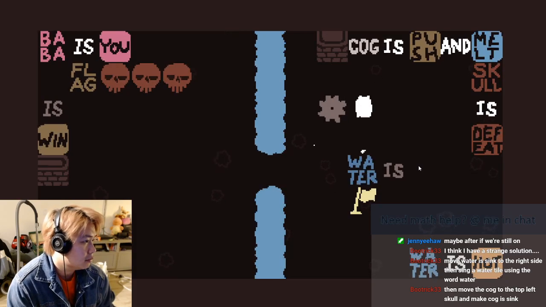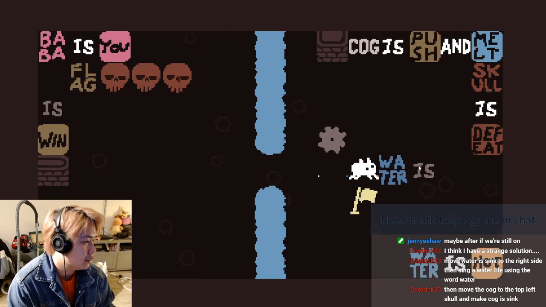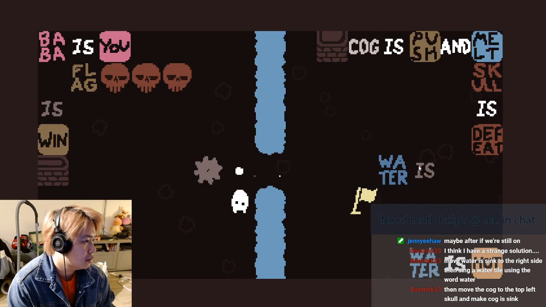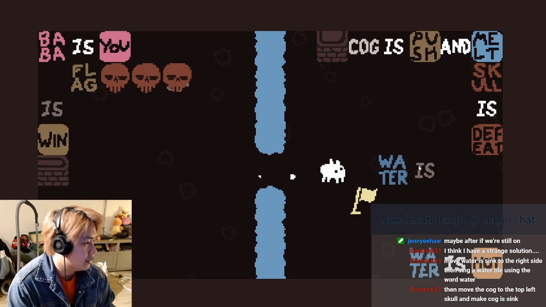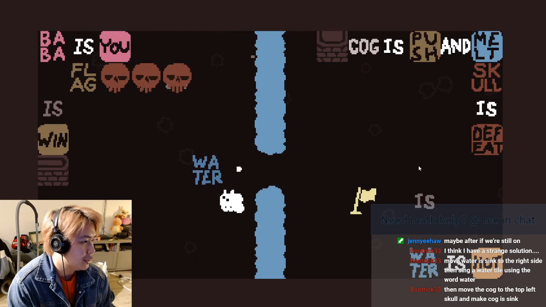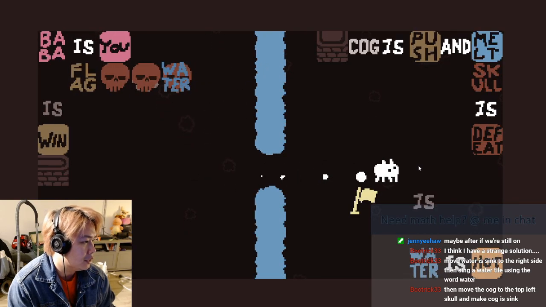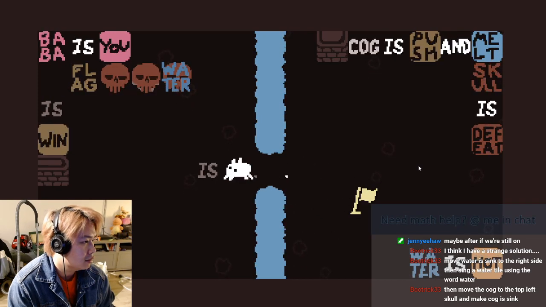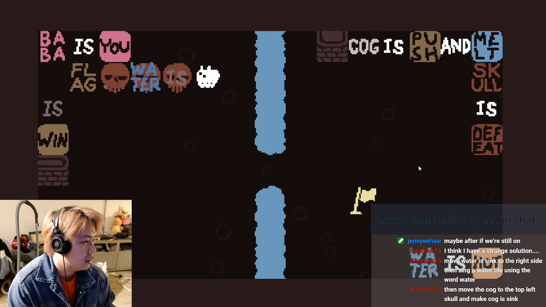Wait, hold on. The way that I did it, you can't make cog a sink anymore because I already used the sink to destroy the water. But then this accomplishes my original goal, doesn't it? Although I don't have enough objects to push it there. I need one more thing.